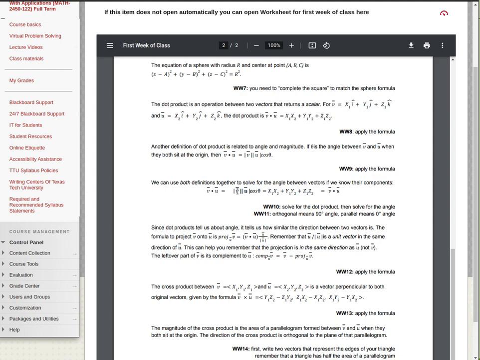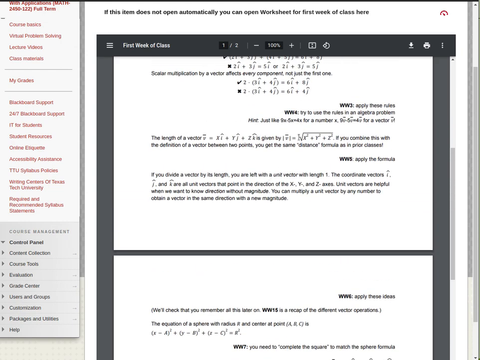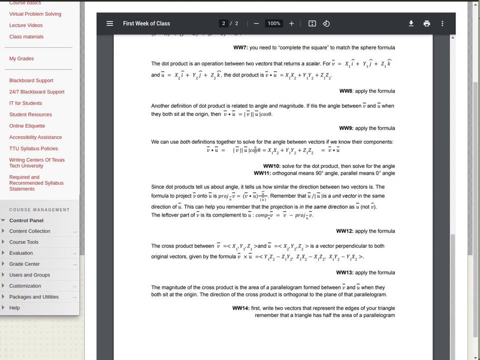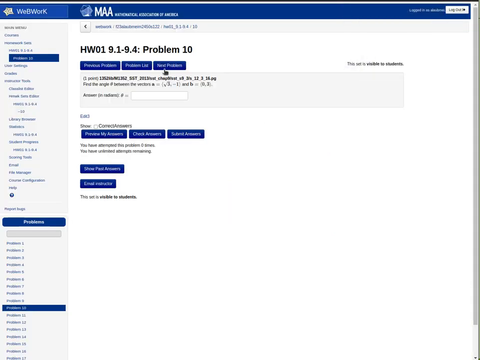Remember that to get these lengths, you do have to go back to this formula up above. Then you'll have a bunch of numbers on both sides and unknown cosine theta, and just do algebra and trig to get that angle. Make sure you do it in radians. If you do it in degrees, WebWork will count it as wrong, so you might need to change your calculator settings.